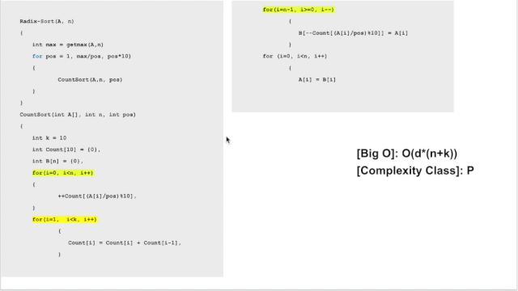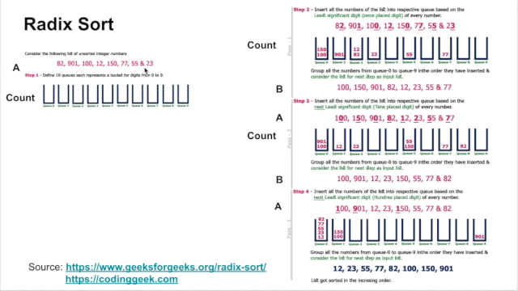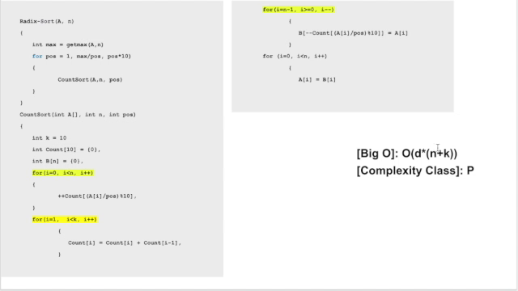Here is the pseudocode for this. The big-O notation for this algorithm is going to be considered d per n plus k, where d is the maximum number of digits of the numbers in our array a, and n plus k, where k is the base, or in this case the base is going to be 10.